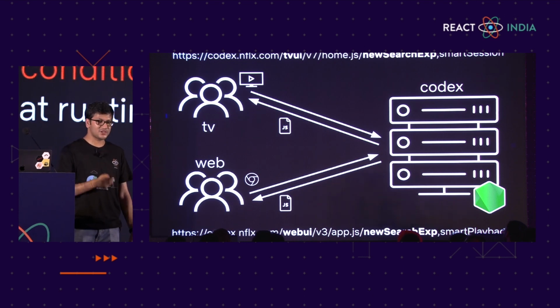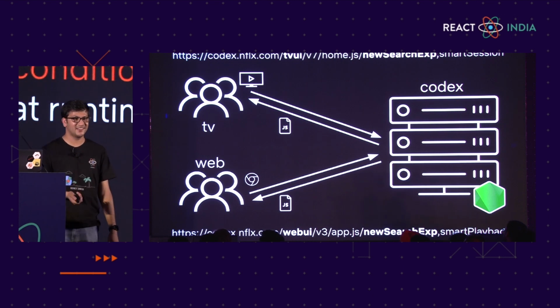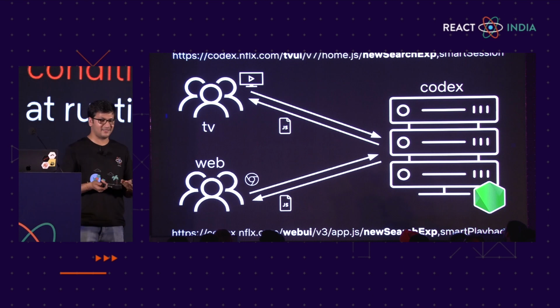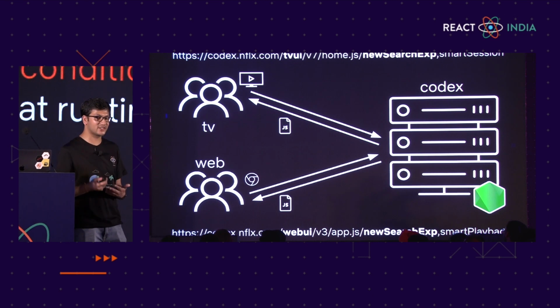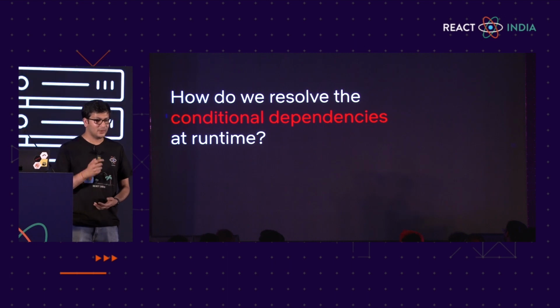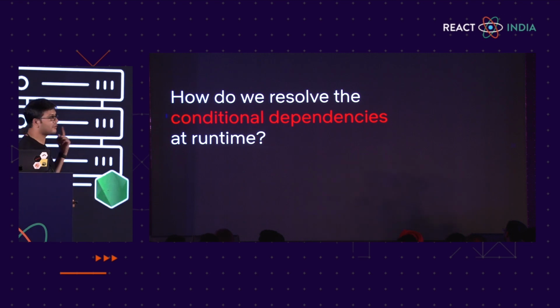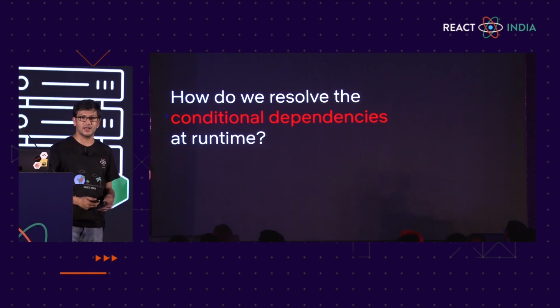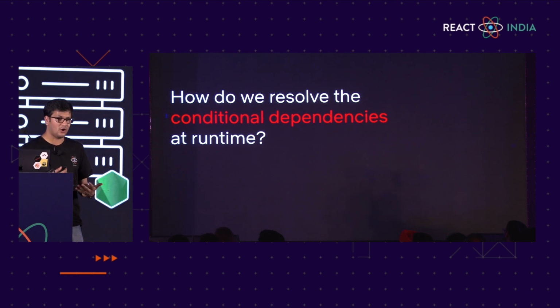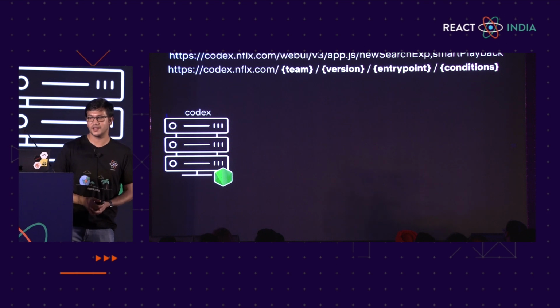So the question should be, how are we resolving the conditional dependencies now? I mean, it sounds simple, but how does Codex know that these are the experiences to be unlocked? Well, the secret sauce here is actually the URL. The URL that Codex utilizes contains all the information that it needs to go and start resolving the dependency graph.